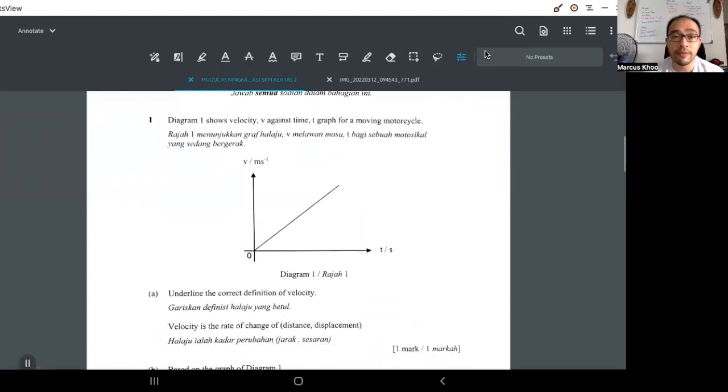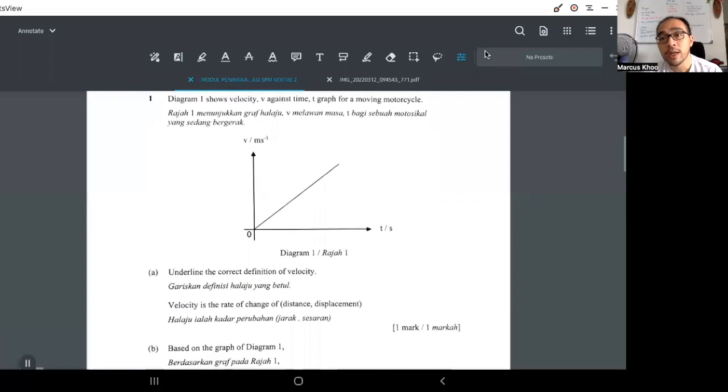Diagram 1 shows a velocity v against time graph for a moving motorcycle. We've discussed before what the important things in the VT graph are. Remember that in the velocity-time graph, you need to think about the gradient and also the area under the graph.